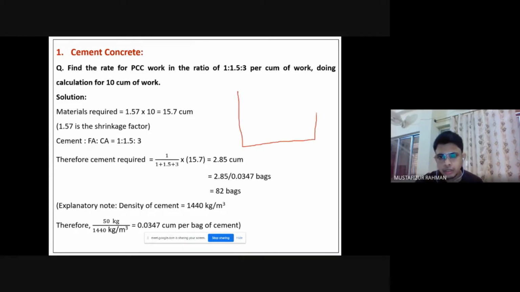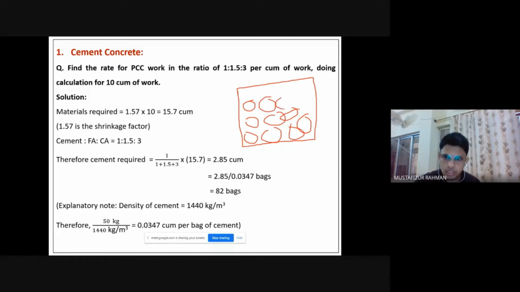Suppose we have to prepare this much amount of concrete. If we are taking some stone aggregates, obviously these stone aggregates will have some pores, some voids in between them, right?